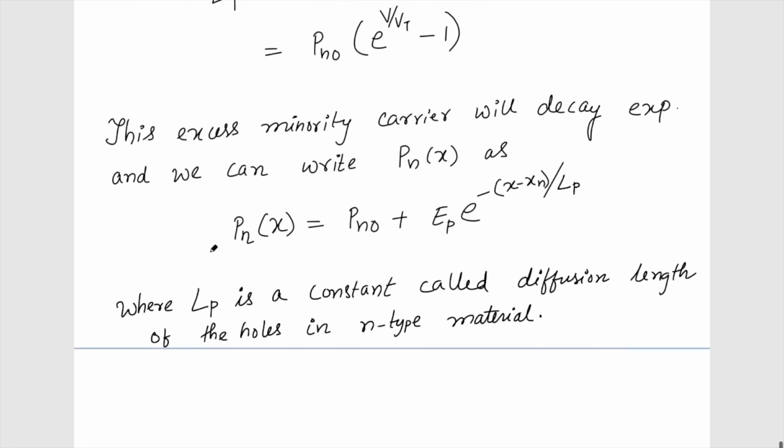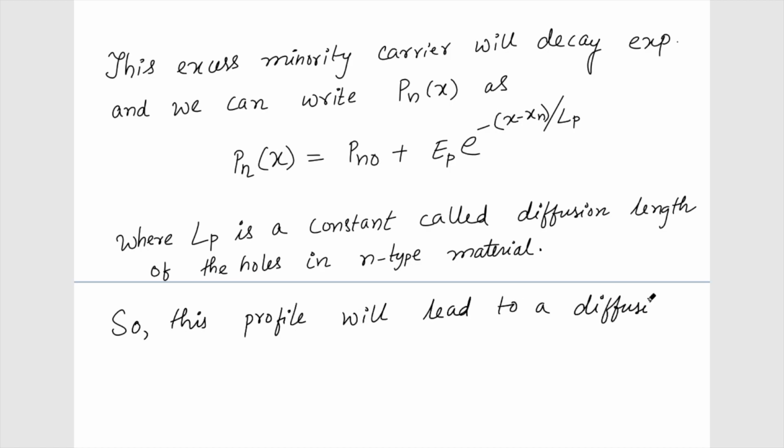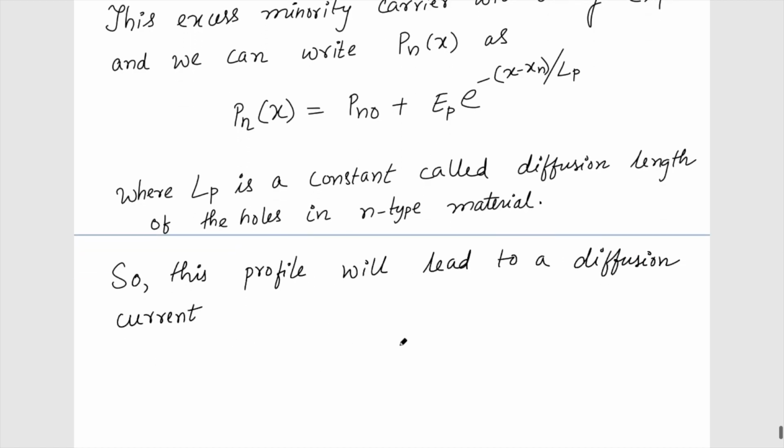Now if there is a variation in the concentration, we know that there will be a diffusion current. This profile will lead to a diffusion current, and we know the formula of the diffusion current.